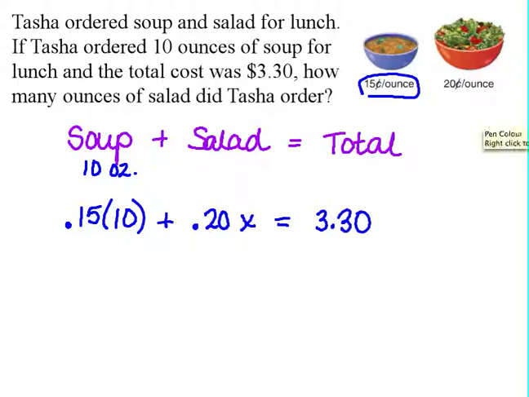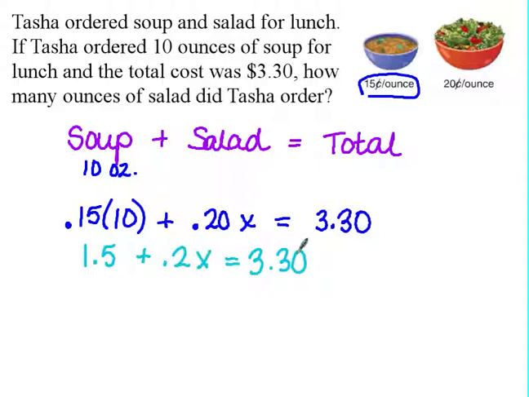Okay, so now all I need to do is solve that. So what is 0.15 times 10? And remember, you can use your calculators. It's 1.5. Good job. Plus 0.2x equals 3.3.